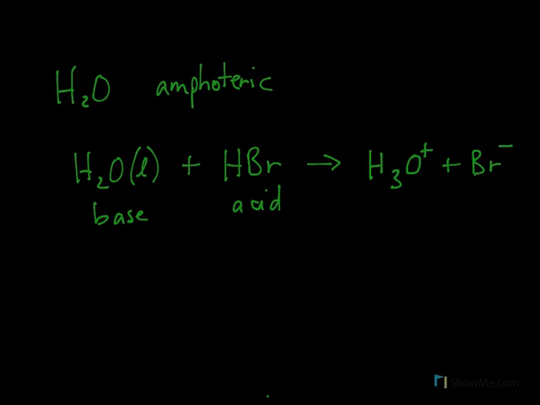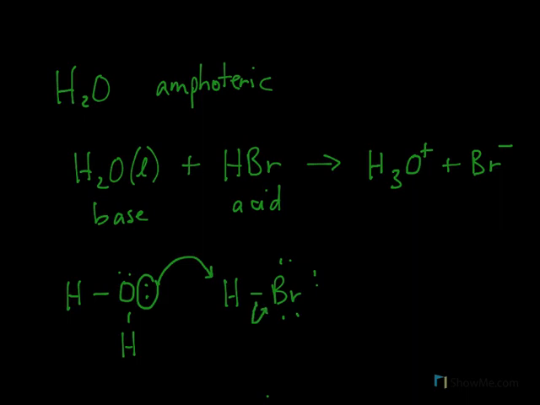So again, just to draw the Lewis structure diagrams to help you see what is happening. So here is hydrobromic acid. The lone pair of electrons of water is going to grab that proton. These two electrons here will stay with the bromide, and that's how we get our hydronium ion.